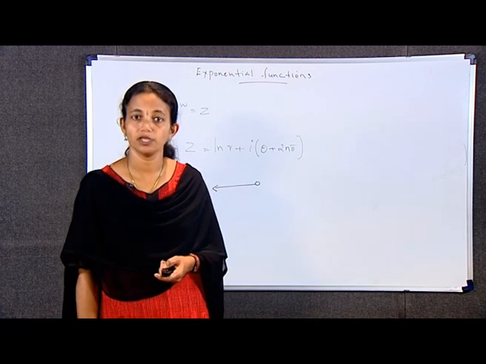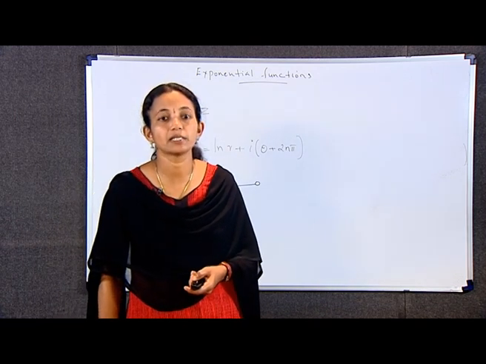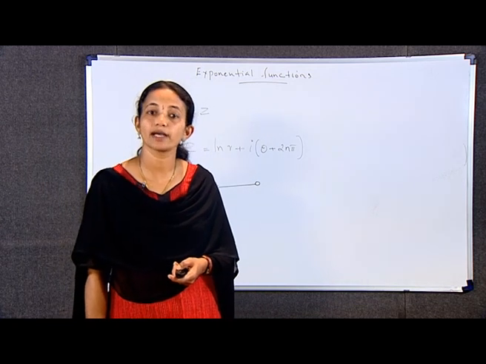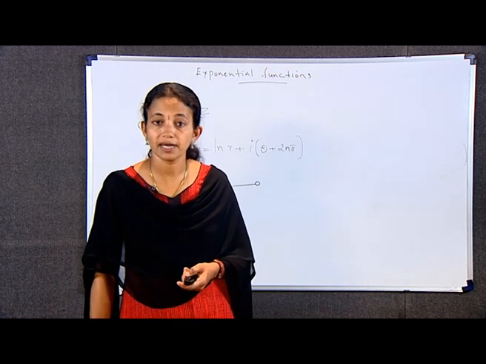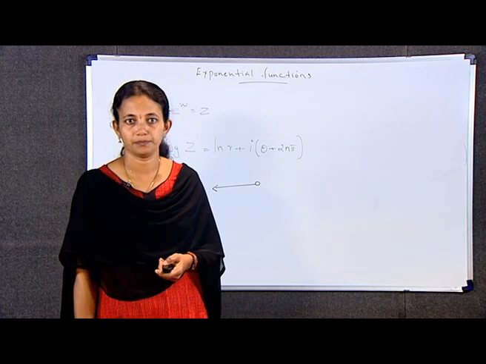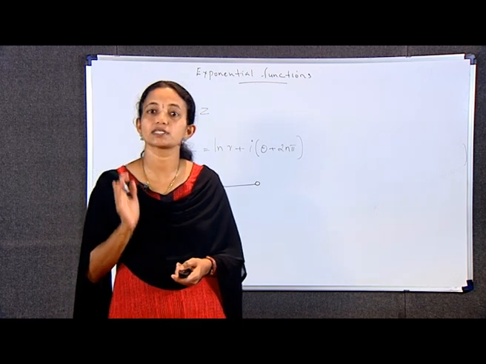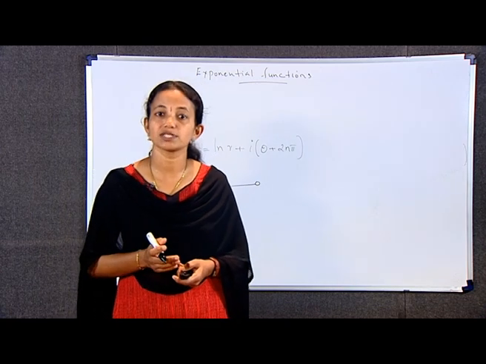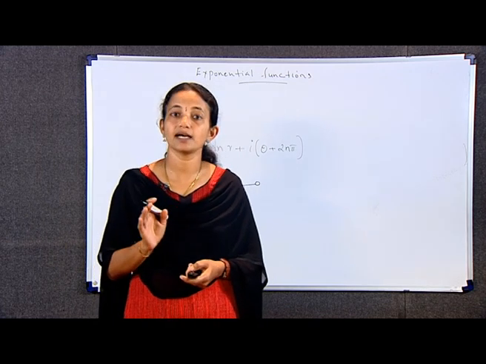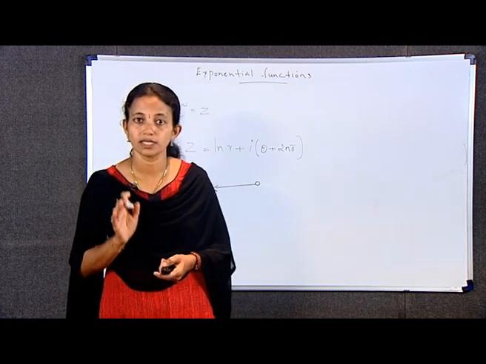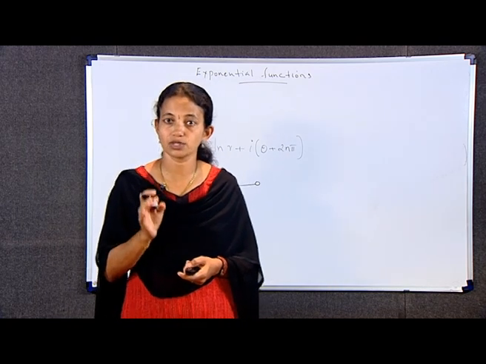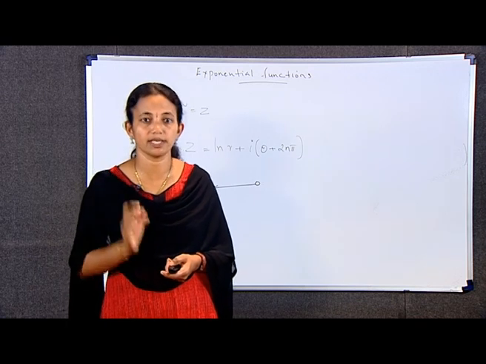From equation 1 it follows that log z is multiple valued with infinitely many values. All those values have the same real part, but their imaginary parts differ by integral multiples of 2 pi. If z is a non-zero complex number with exponential form z equal to r e raised to i theta, then theta has any one of the values theta plus 2n pi, where n is equal to 0, plus or minus 1, plus or minus 2, etc.